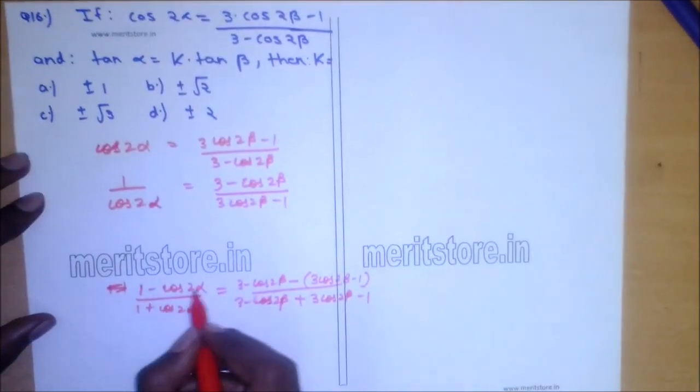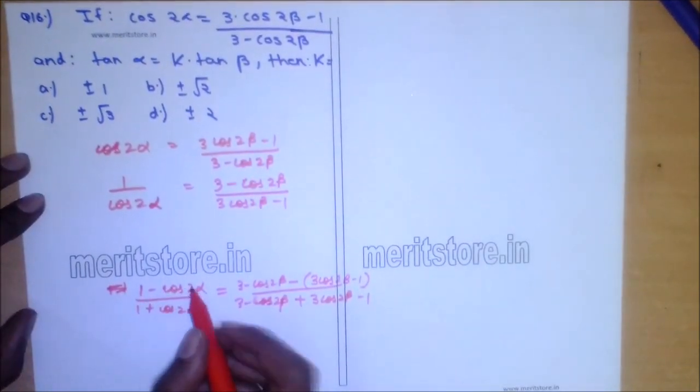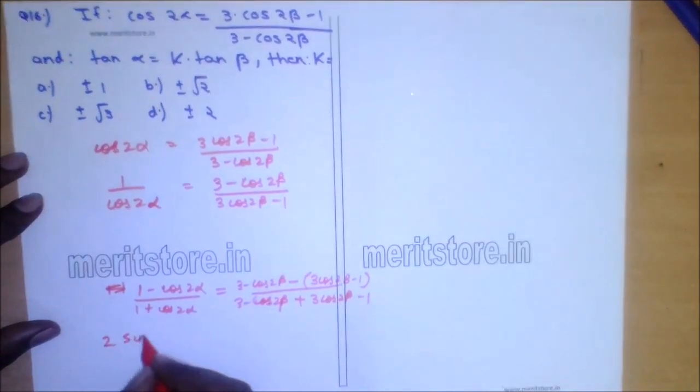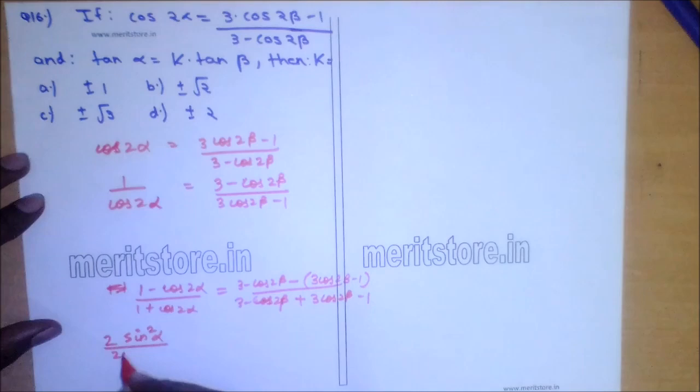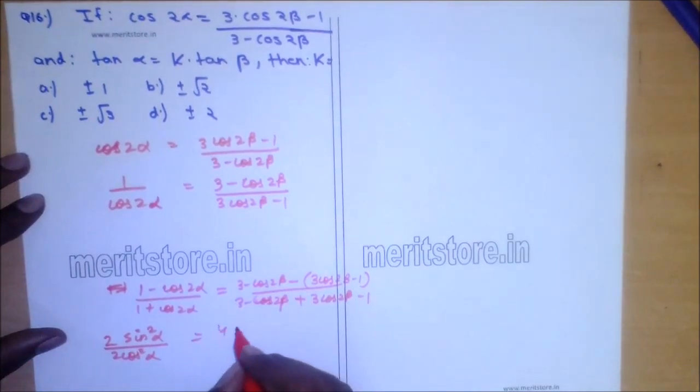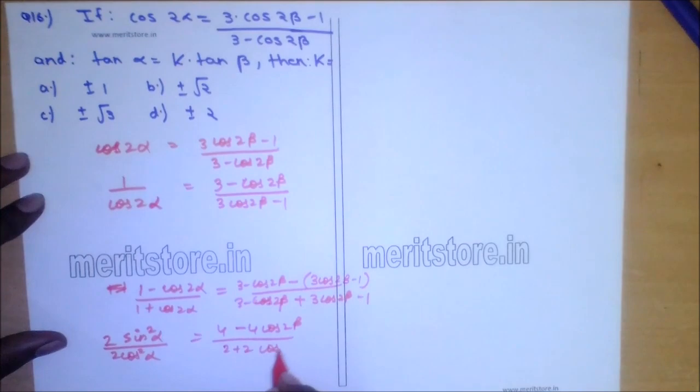Now 1 minus cos 2 alpha is 2 sin square alpha, and 1 plus cos 2 alpha is 2 cos square alpha. And this can be simplified into 4 minus 4 cos 2 beta upon 2 plus 2 cos 2 beta.